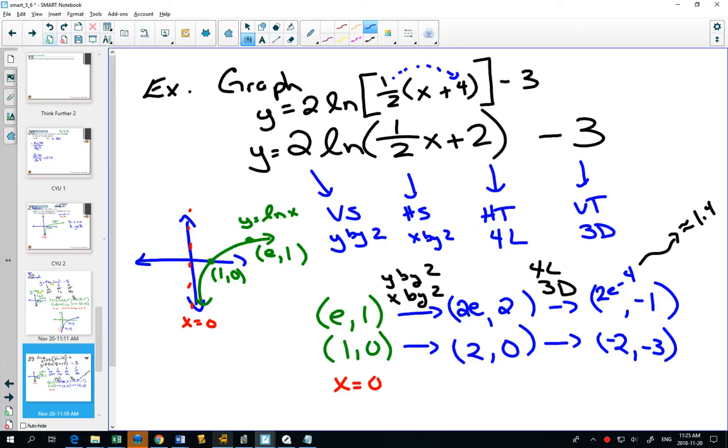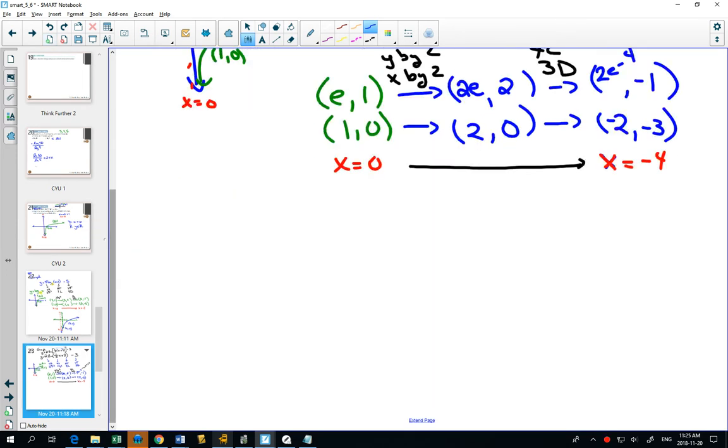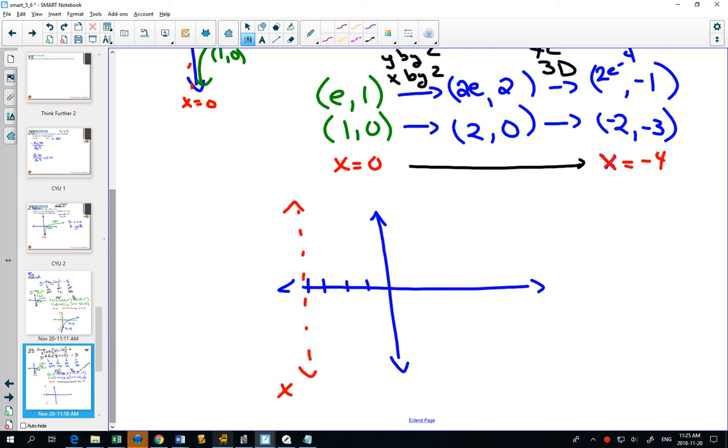What's going to happen to our asymptote? It's moved 4 to the left, so now it's at x equals -4. Putting this all together, we have our asymptote at x equals -4.